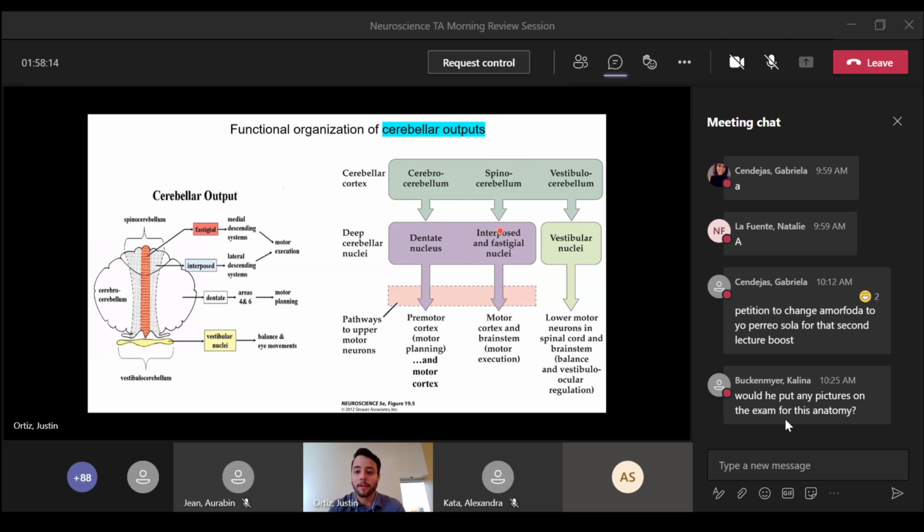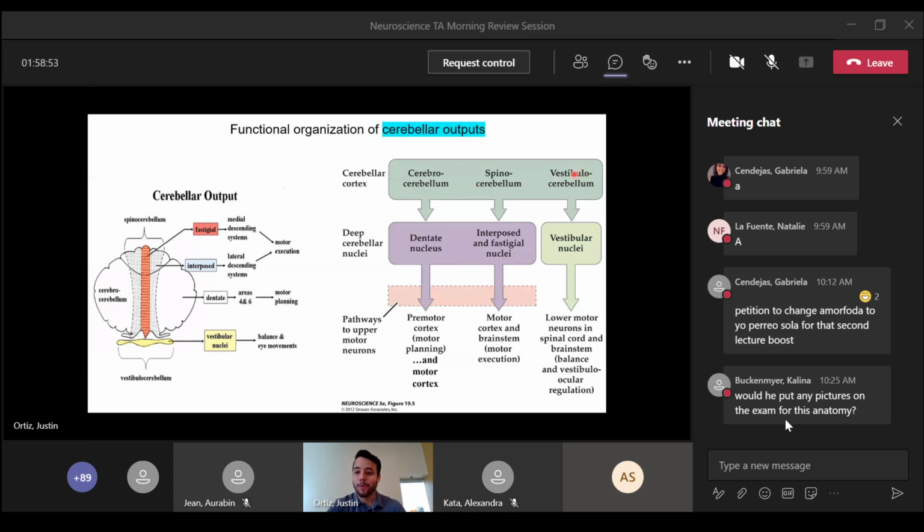Interposed contains the globose as well as the emboliform, and then you have your fastigial nuclei, and this is for motor execution, so actually executing the movement, like me moving my arms, me moving my legs, etc. If we go by don't eat greasy food, that makes sense, because the "don't" is the dentate nucleus in the lateral hemispheres, which is the cerebral cerebellum. The "eat greasy food," the interposed and fastigial nuclei, are in the spinal cerebellum, and they're important for motor execution.